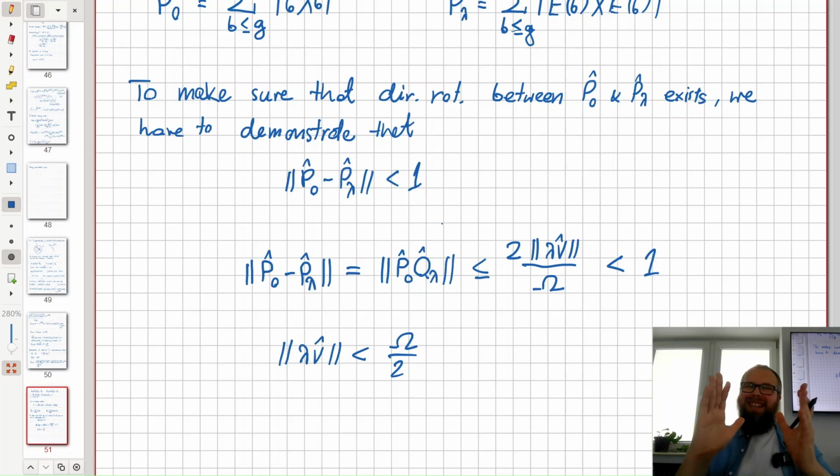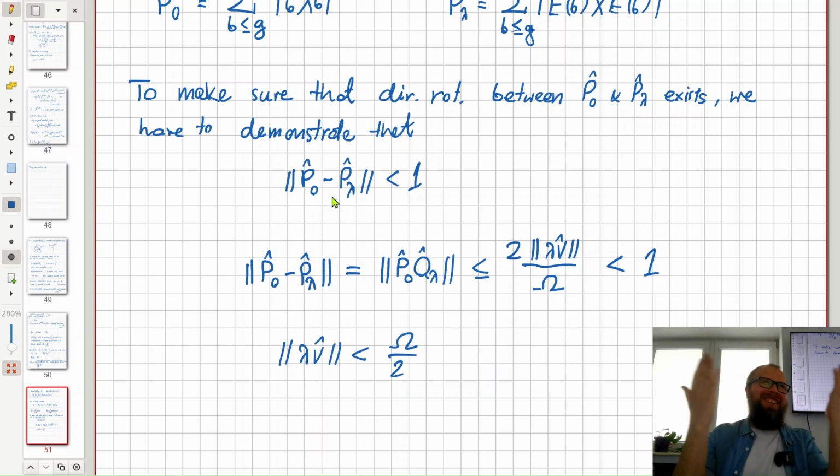So it is enough if the perturbation is too weak to close the gap. Then, as it turns out, those low energy subspaces will have the same dimension and they will be non-orthogonal. For us, it means that we also can execute a direct rotation between them.